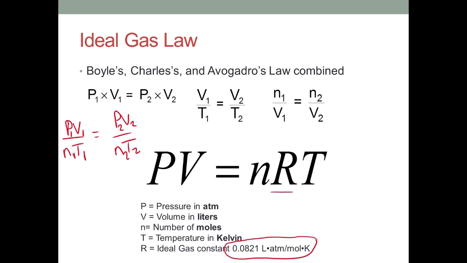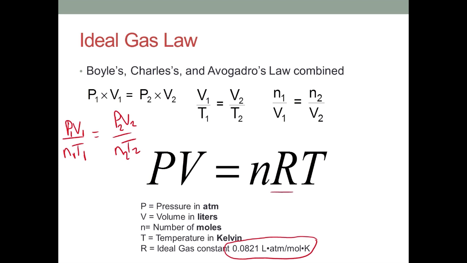And now if we have a constant number of moles and constant temperature, these two denominators are going to be the exact same. So it's not going to make a difference, and when you drop those two, it'll become just like Boyle's law. The same thing occurs for Charles' law.